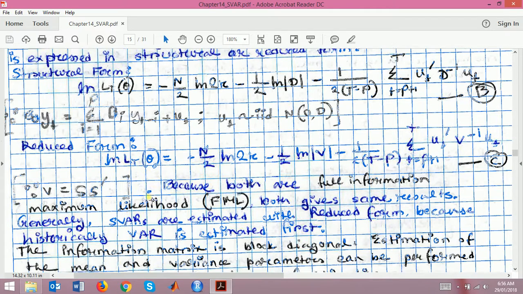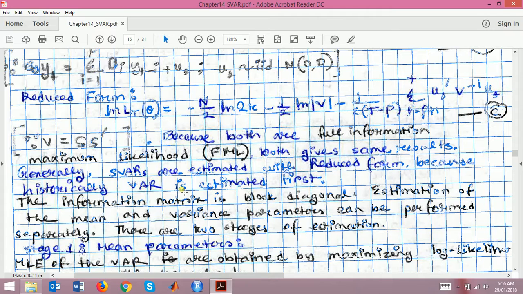The information matrix is block diagonal. Estimation of the mean and the variance parameters can be performed separately. There are two stages of estimation. First, we are estimating the mean parameters.